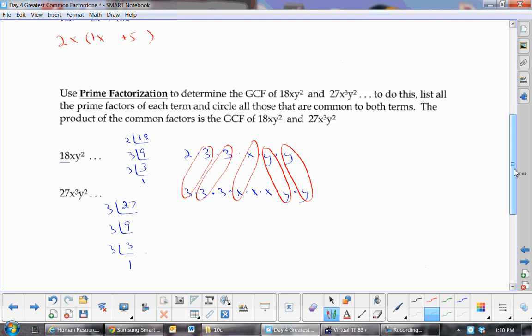So by looking at this, what is common between them? 9xy squared. Because 3 times x times y is 9x y squared. That's common. That is their GCF. 9xy squared. See, it's what is the most they have in common?